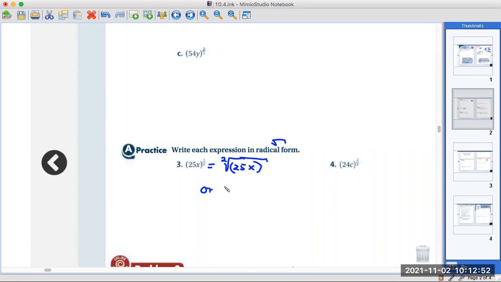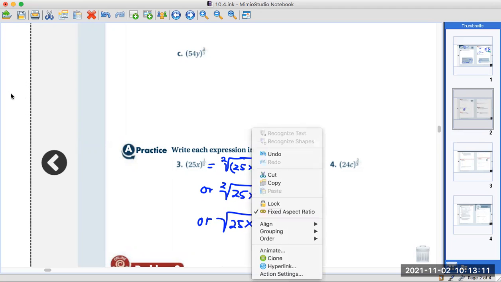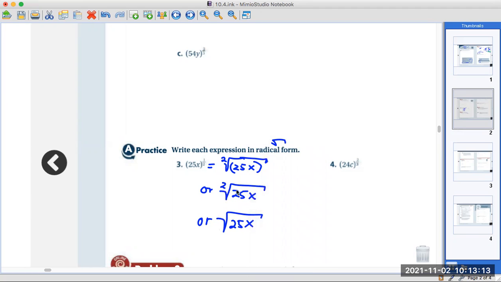Or you don't need the parentheses, as long as the 25x is all under the radical, or you don't need that number 2. You notice how I closed the radical at the end? It tells me this is where it stops. So these versions all work. This is the best one.